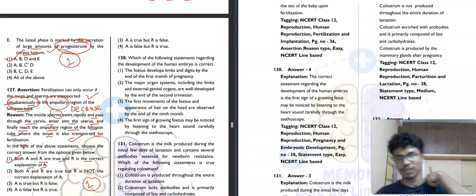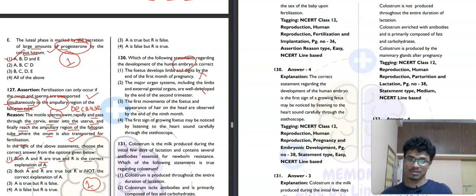It is saying, which of the following statements regarding the development of the human embryo is correct? The fetus develops limbs and digits by the end of first month of pregnancy. No, limbs and digits are not seen in the first month of pregnancy. The major organ systems including the limbs and the external genital organs are developed by the end of second trimester, not correct.